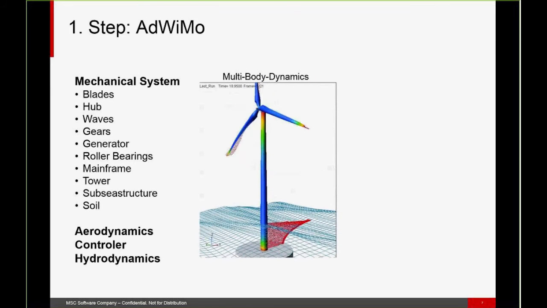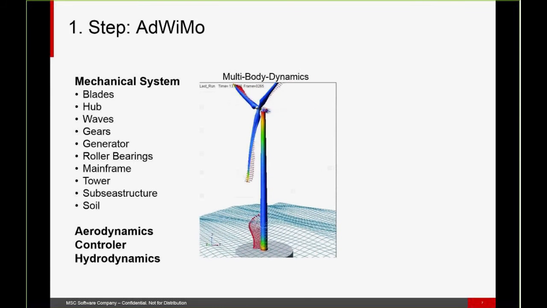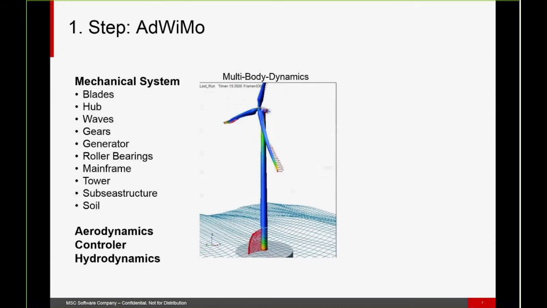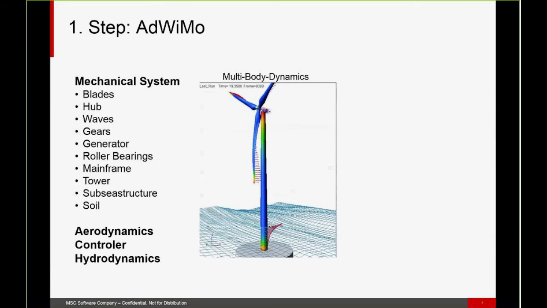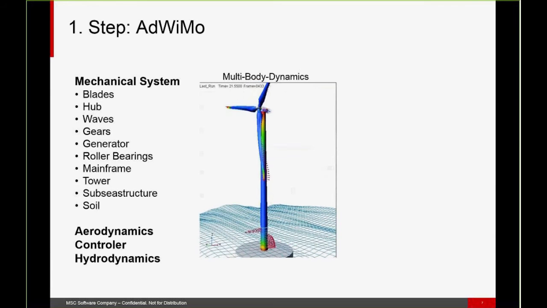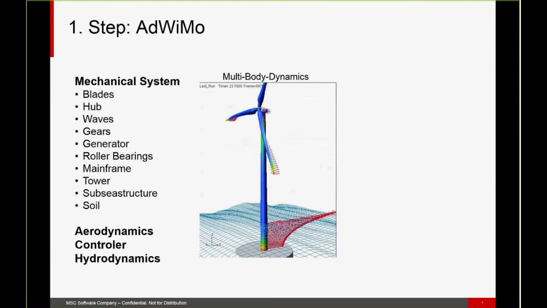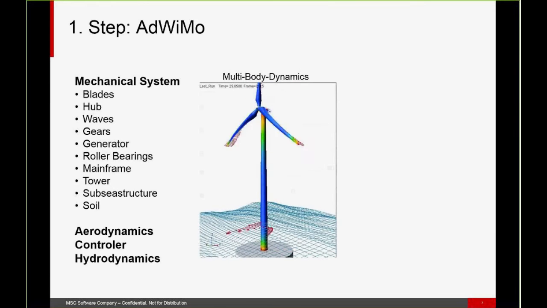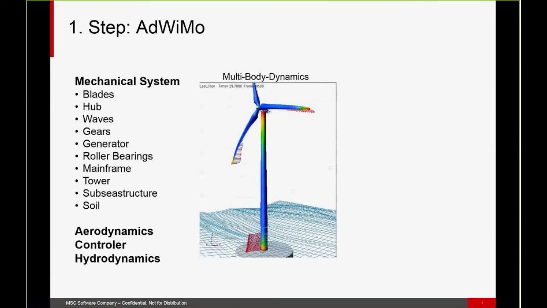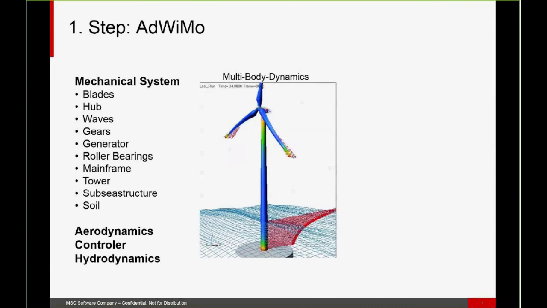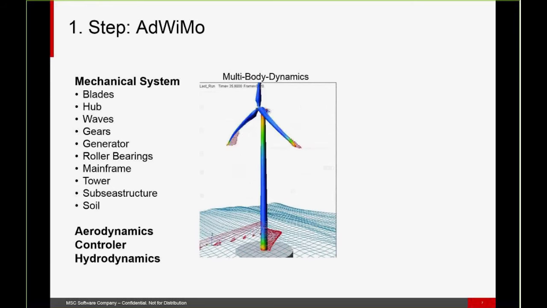And for controller, of course, every turbine designer gets the controller either from in-house or this is an external component from a supplier. In most cases, the controller is a hidden component which has to be used, but you don't know exactly how it works. So we use it as a kind of black box within AdWiMo if we don't use our own generic controller.